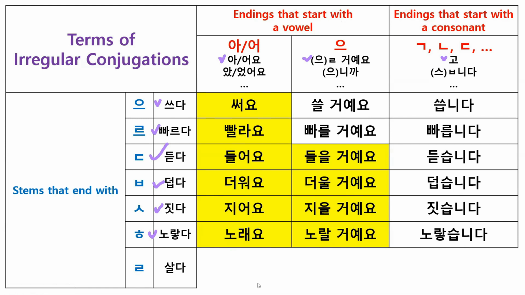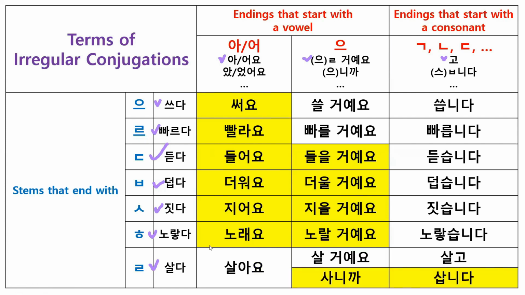Last one is 살다. 살다 becomes 살아요, 살 거예요, 사니까, 살고, 삽니다. 살다 was conjugated regularly with the ending starting with 아 or with 을 거예요, but with 으니까, irregular conjugation.